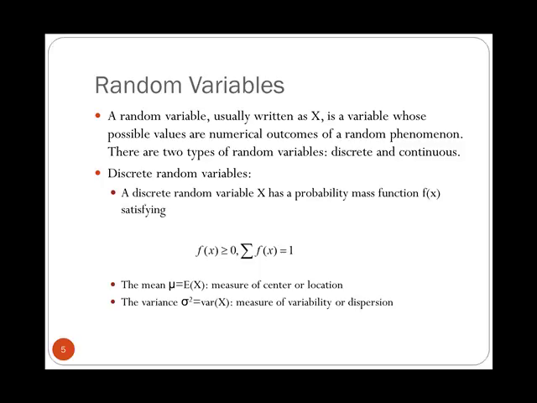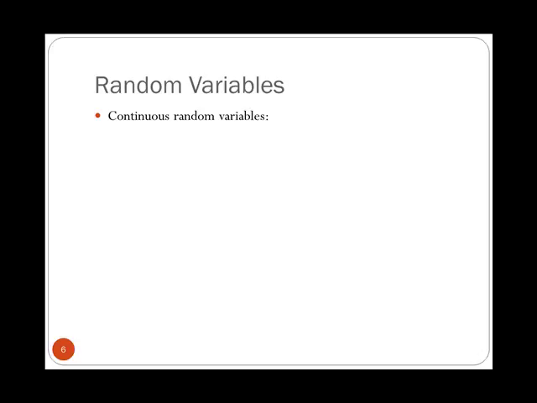Its mean measures the center of location, and its variance measures the variability or dispersion. Examples of discrete random variables include the number of children in a family and the number of defective items in a box, and examples of continuous random variables could be height and weight.